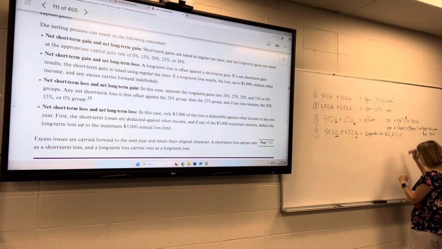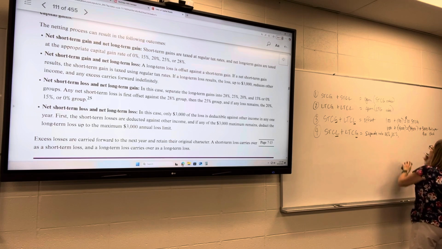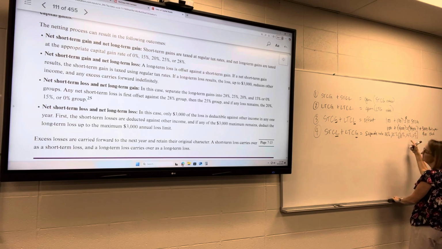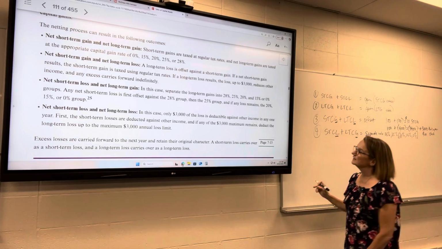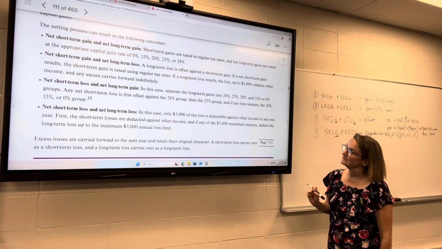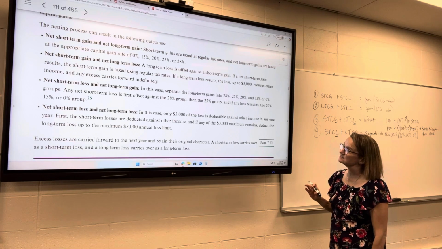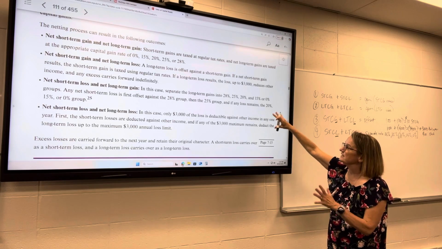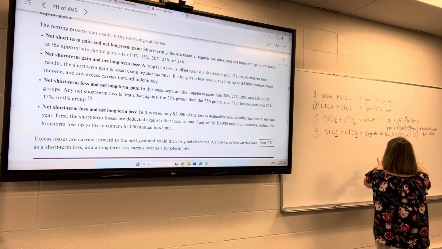So these obviously are one group, and that's going to be dependent upon our other taxable income. Any short-term loss is first offset against the 28% group. So what we're going to do first is separate into these separate groups.